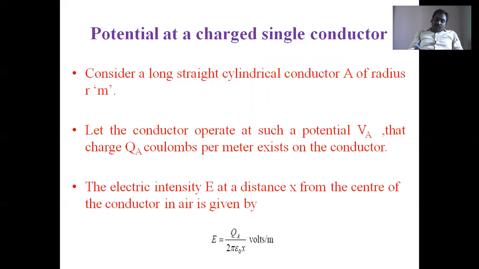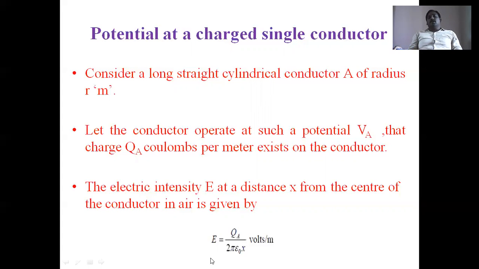Finally, the actual formula for electric field intensity due to a line charge is E equals rho L by 2 pi epsilon naught x. Rho L is nothing but QL by L, so we get E equals QL by 2 pi epsilon naught x per meter length.